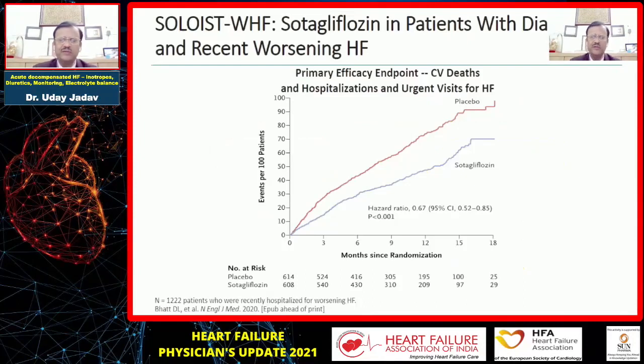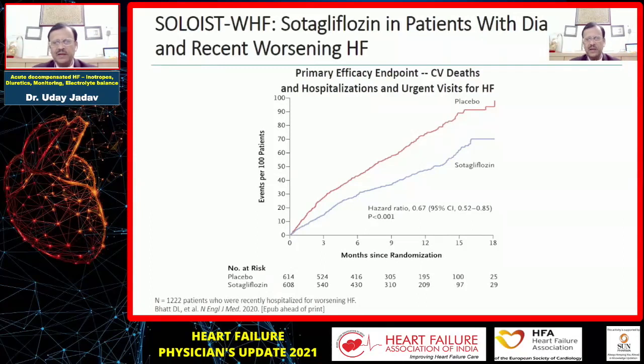A lot of interesting thoughts have recently come up after the sotagliflozin data in patients with recent worsening heart failure. You have much more to come. I mean, this data was a bit preliminary. It came in the COVID days when patients could not be randomized further, but it told us a very important message that CV deaths and hospitalizations and urgent visits went down with sotagliflozin, a dual inhibitor of SGLT1 and SGLT2.